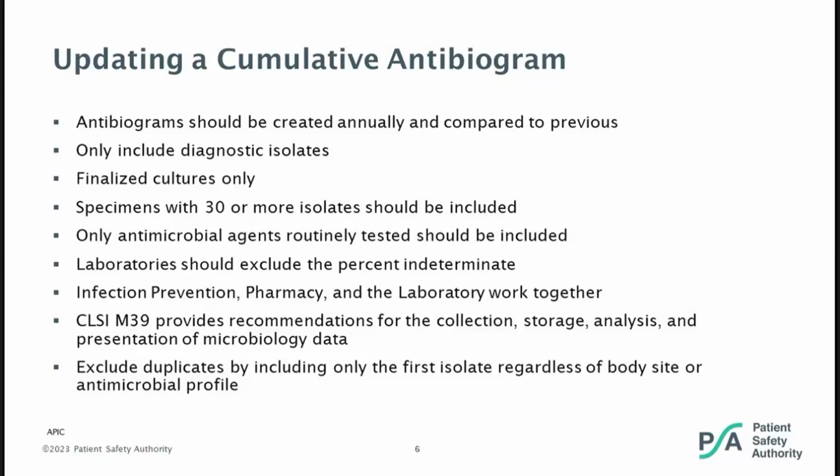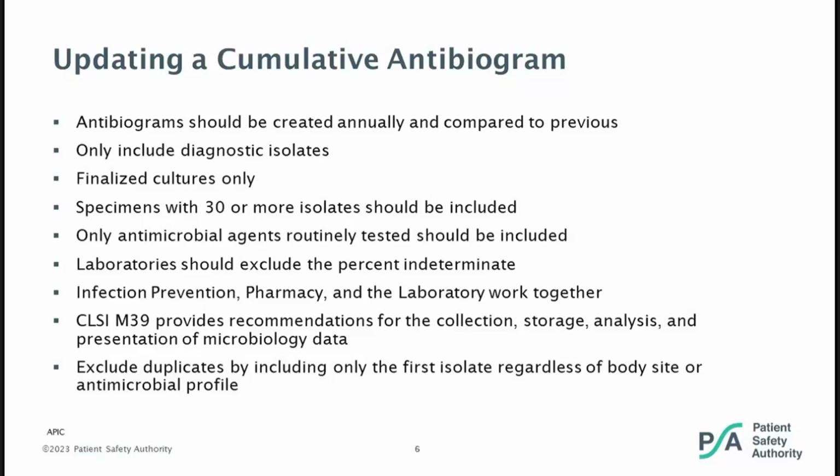It is preferred that you have specimens with 30 or more isolates to be included in your antibiogram. If you have less than 30, there's the chance of some bias with those measurements. Only antimicrobial agents routinely tested should be included.